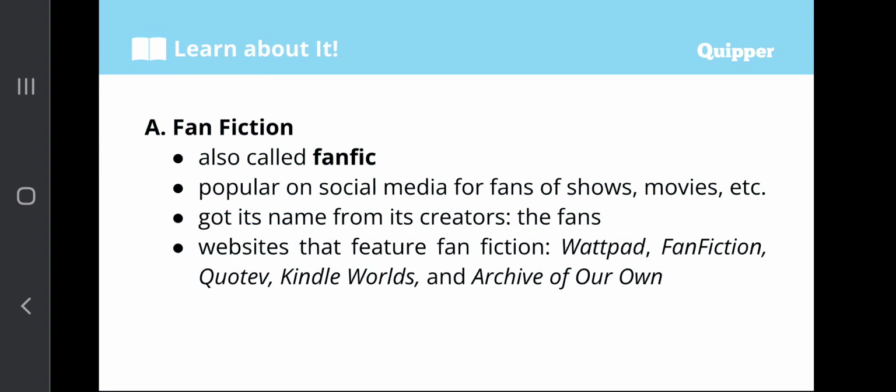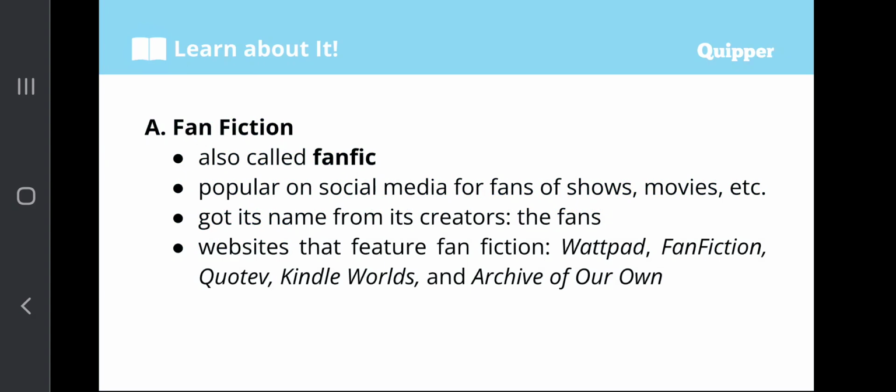Meaning to say, these are seen on social media that mostly give us shows, movies, novels, whatnot, but it is more on depicting the versions of the fans. Because from the fans' perspective of the show, the movie, the novel that they have watched and read, they have created these stories that are mostly inclined with their perspectives.